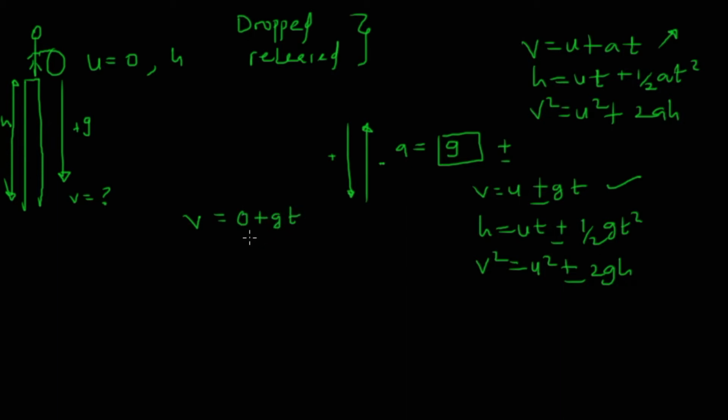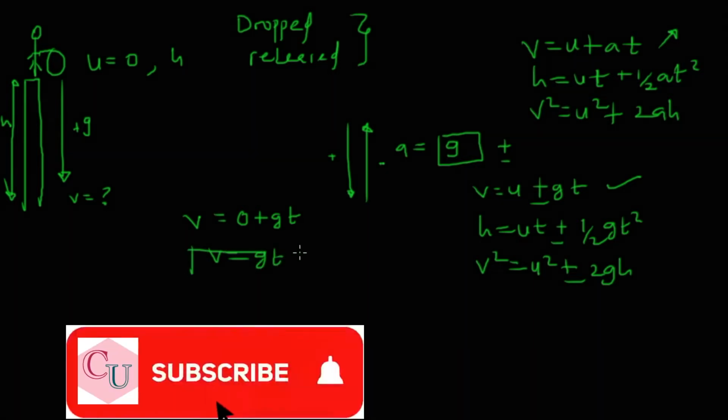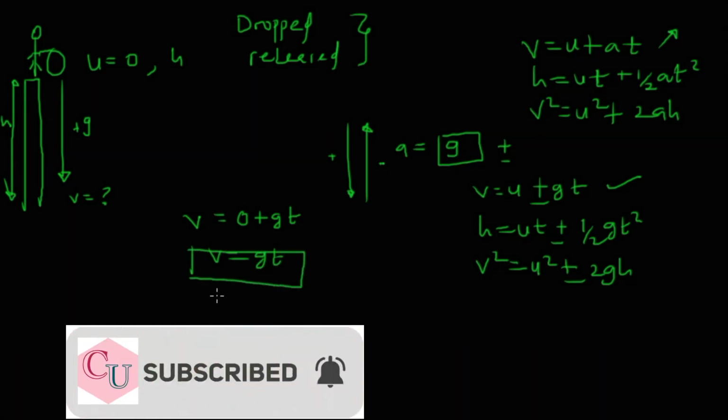Since the initial velocity will be 0, it means that it has probably been held by someone. Or for instance, when an apple falls off from a tree, that means it used to be stationary by the tree and then it falls due to gravity. As a result, v is equal to gt. The final velocity of that object is equal to gt.